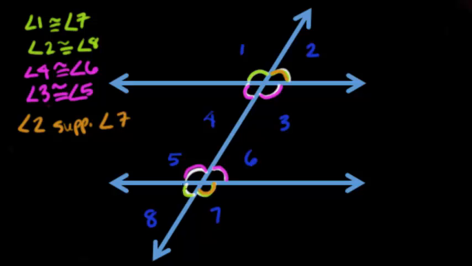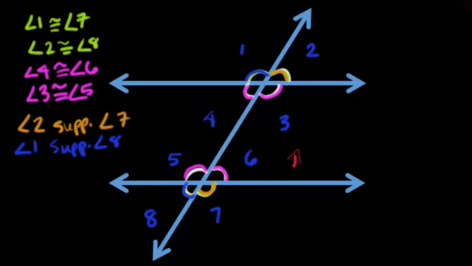Now, likewise, angle 1 and angle 8 are on the left side of my transverse line. So I can say that angle 1 is supplementary to angle 8.